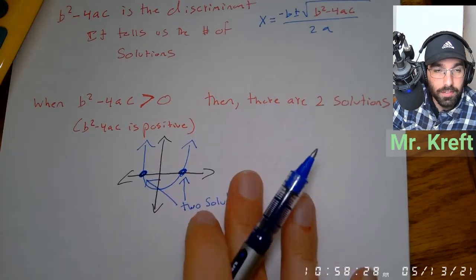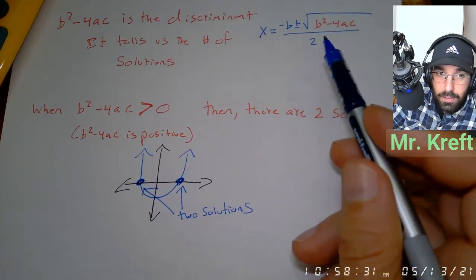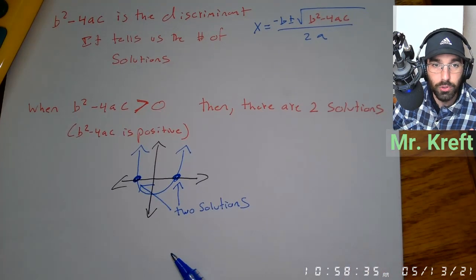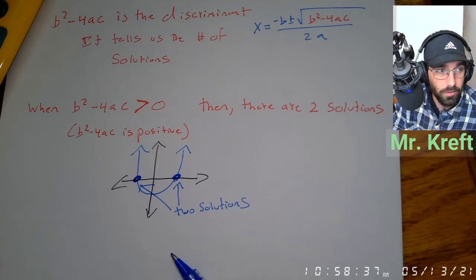So what we're saying is that if the thing underneath the square root is positive, greater than 0, then there are two solutions. Because a positive square root gives you two possible answers.